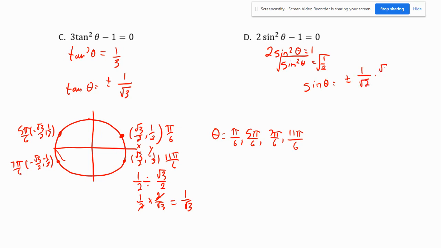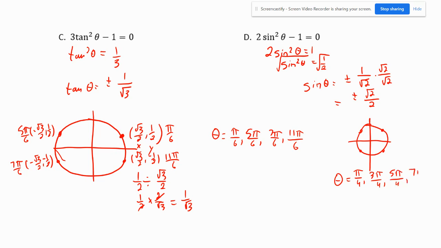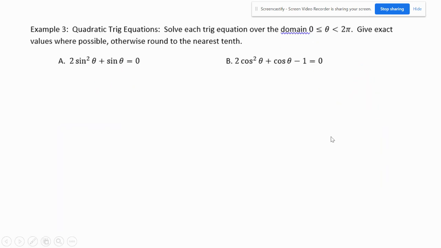Now, if I rationalize this and multiply by root 2 over 2, we get plus or minus root 2 over 2, which happens 4 times on our unit circle. Happens here, here, here, and here. So our angles are theta equals pi over 4, 3 pi over 4, 5 pi over 4, and 7 pi over 4. So those are going to be our four solutions for this one.